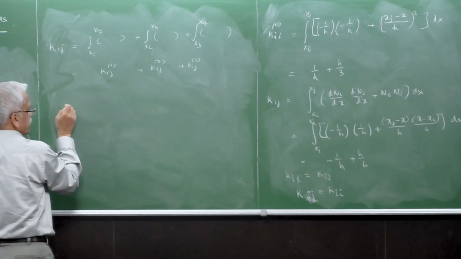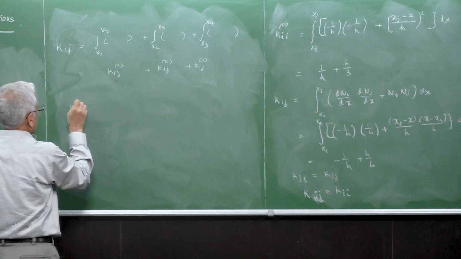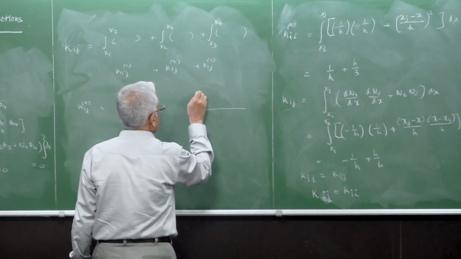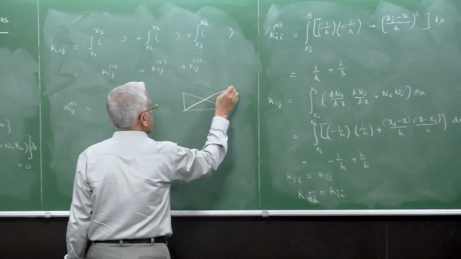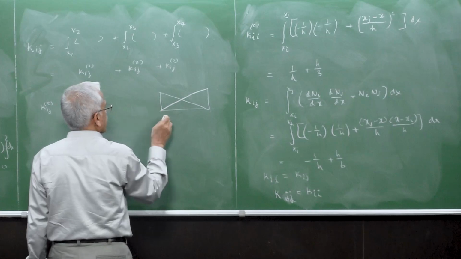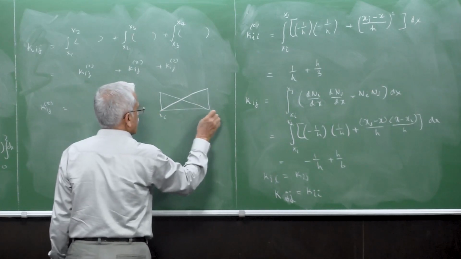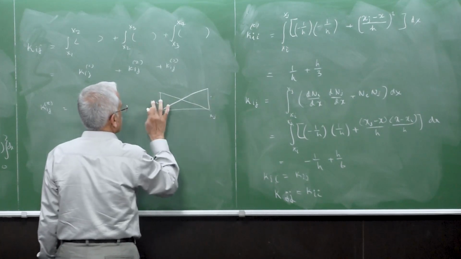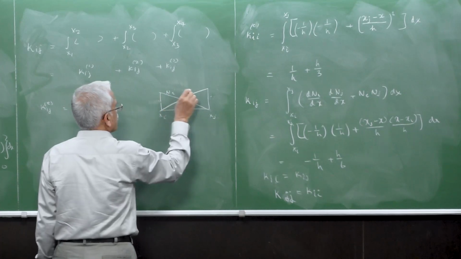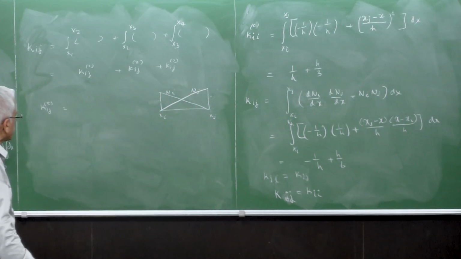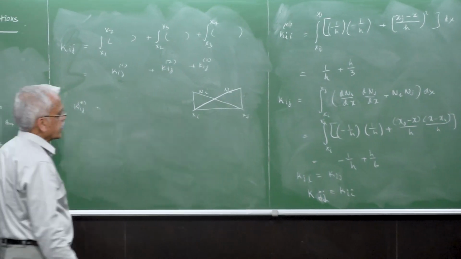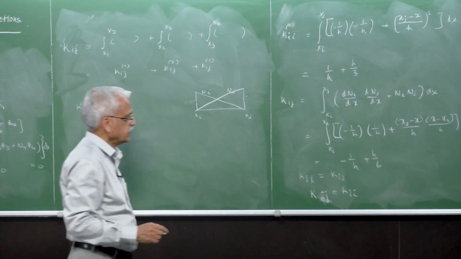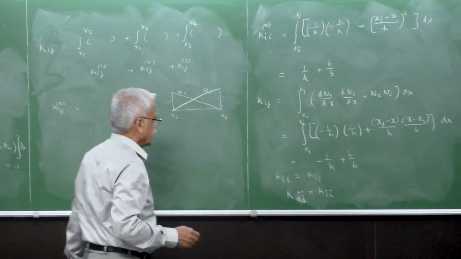And Kij, as we did in the morning, for any element e is a very general term. So Kij has 4 terms, depending upon whether you take Ii, Ij or Ji, Jj. So that's what was done in the earlier class.